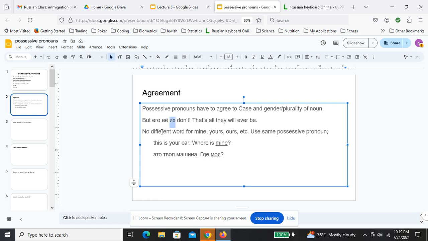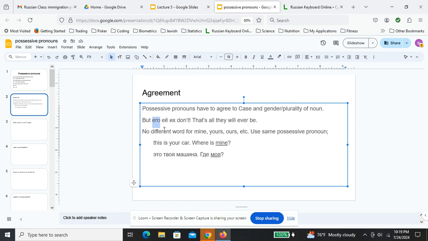So, for example, let's say I want to drink his water. Okay, я хочу пить его воду. The word вода we were changing to воду because it has to agree with the case, but the word его remains the same.